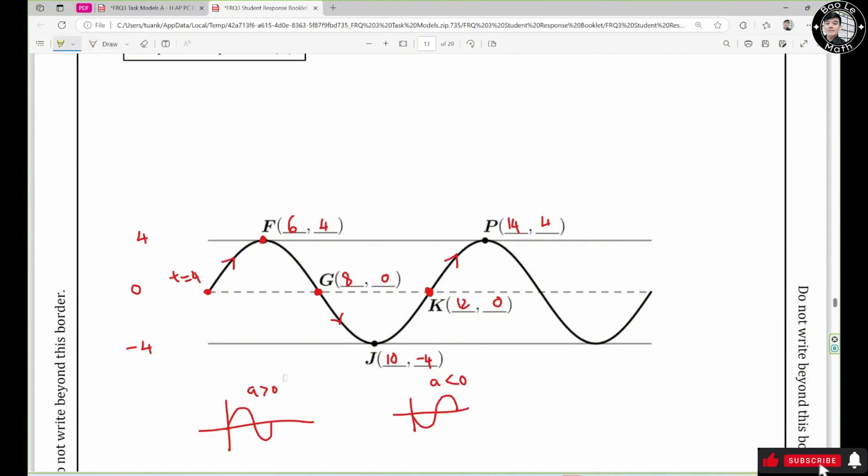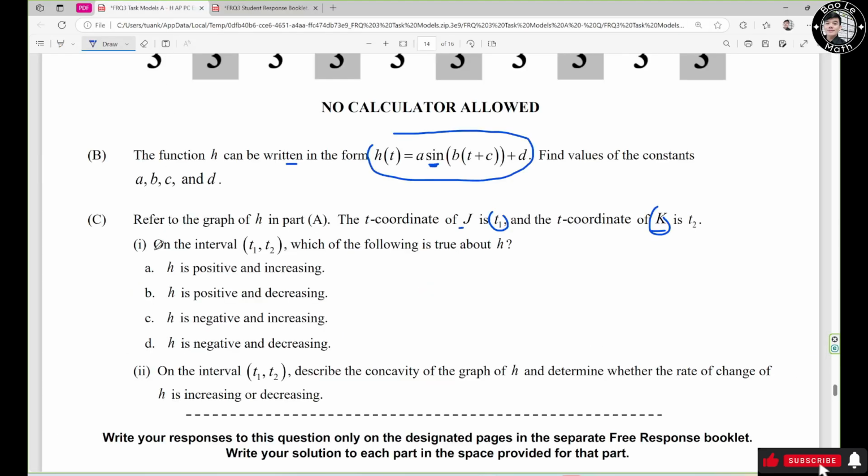J to k is this part right here, and we look at the y value and see that it is negative. So the function is negative and it's going up, which means it is increasing. So negative and increasing, the answer must be C.